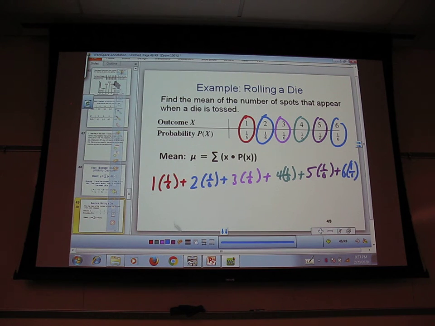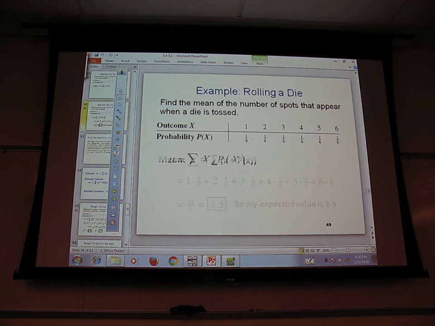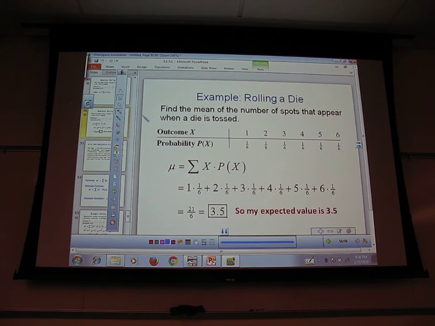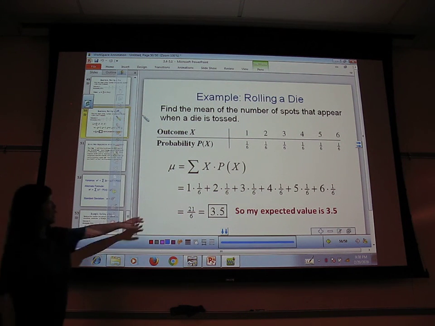If I add those up, I'll get 1/6 plus 2/6 plus 3/6 plus 4/6 plus 5/6 plus 6/6. So on average, I will get 21/6 or 3.5. My mean and expected value are the same thing, 3.5.